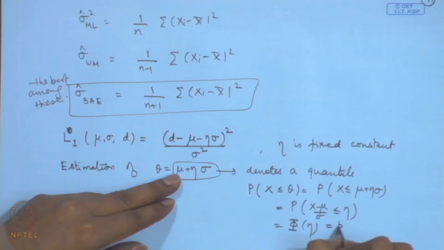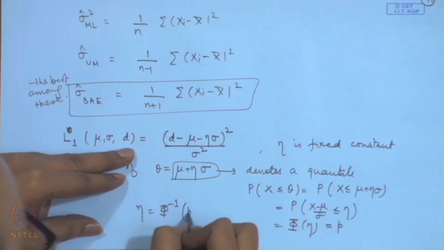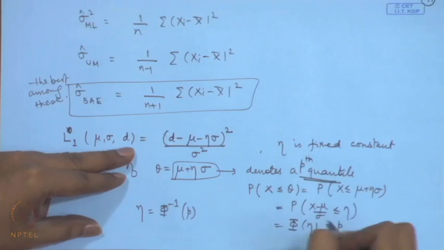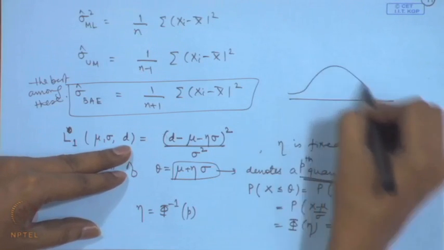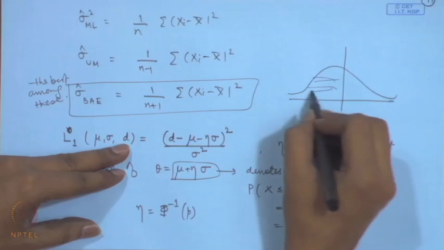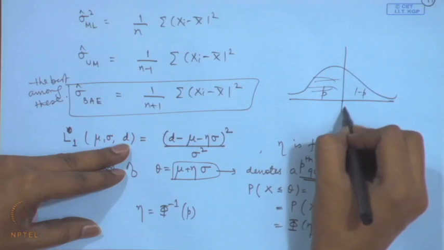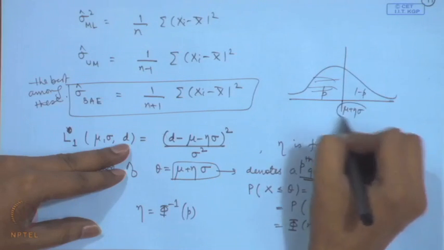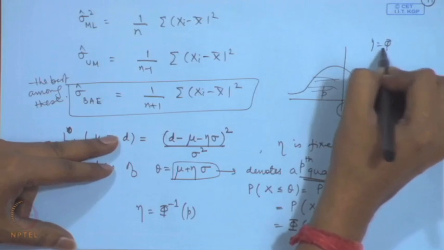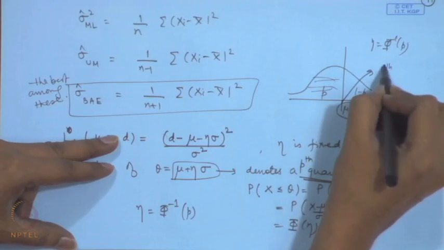So, if I put this equal to p, that is eta is equal to phi inverse p, then this is the pth quantile of order p. That means, if I am considering the distribution here, then this probability is p, this probability is 1 minus p. So, this point is mu plus eta sigma, where eta is given by phi inverse p. So, this is the pth quantile.